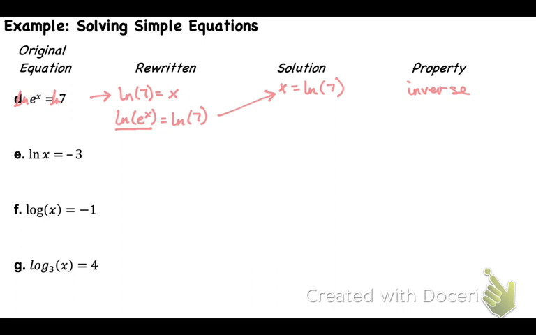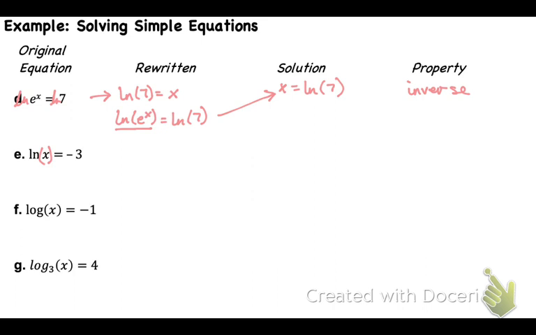Okay? So, natural log of x equals negative 3. I can't get to that x because it's stuck in the natural log. So how do I get it out of the natural log? I put in exponential. Do you want to just switch forms, or do you want me to do it both ways?